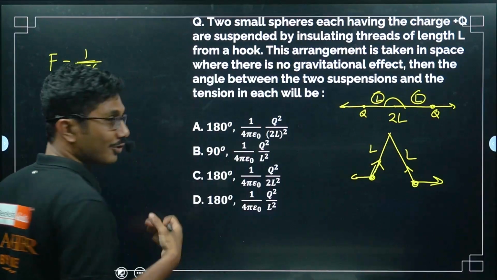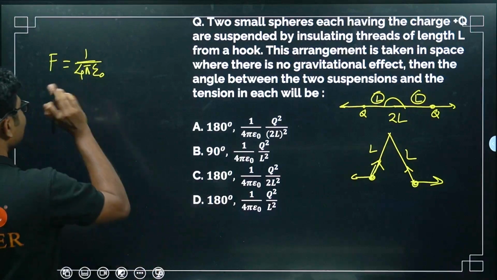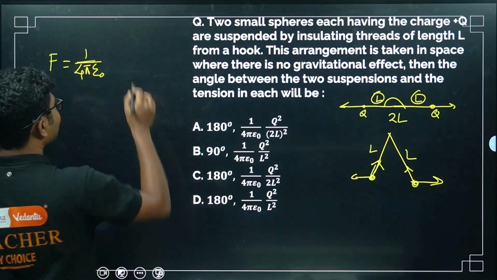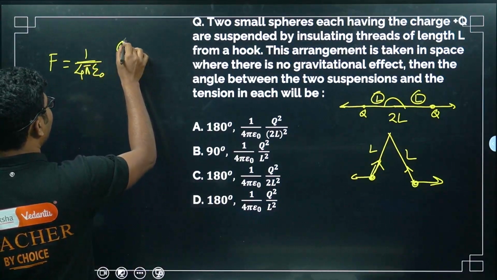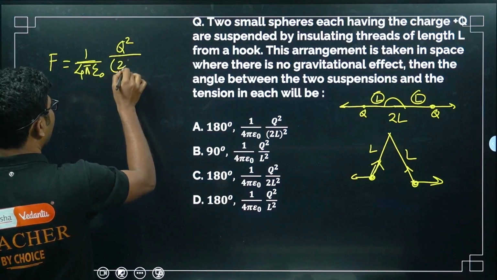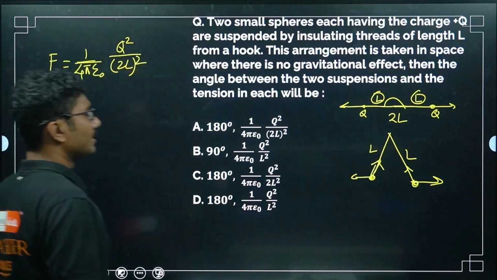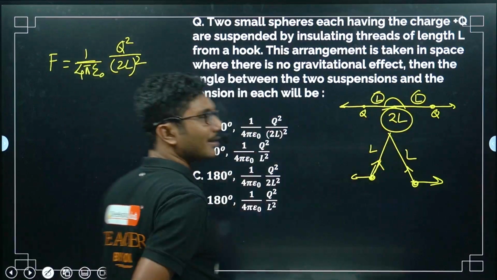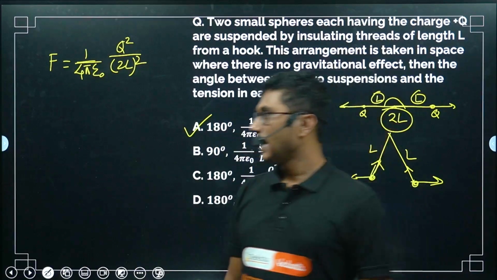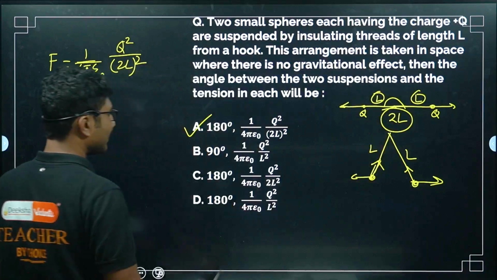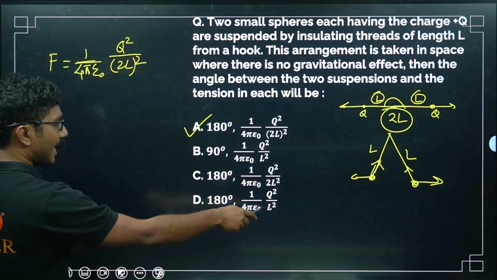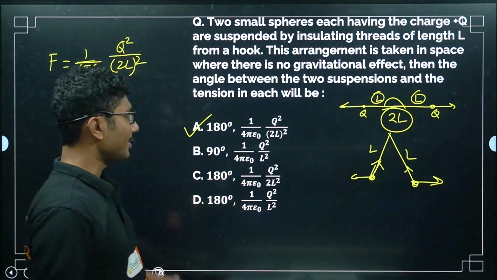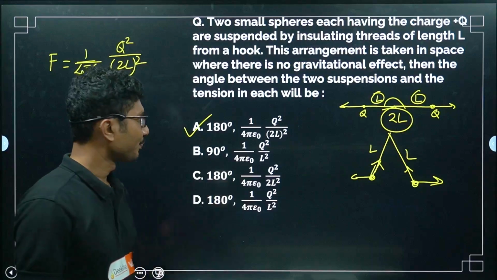So K or Coulomb constant is the nickname, but this is the formal name. Whenever the answer is involved, we have to use this. So 2L whole square, since the total distance is 2L. So the correct answer is option A. Simple. I know many of you may have answered this as L square, but it is not L square, it will be 2L whole square.